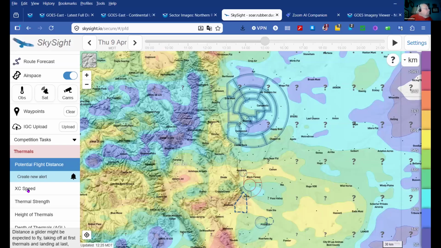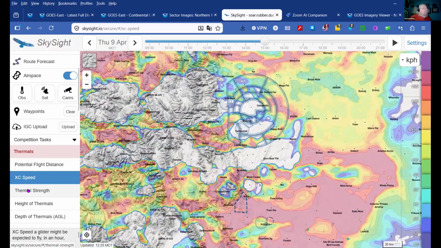The next overview is the cross-country speed. Remember I said this is 3 o'clock, so 1500, this afternoon. There were some active areas down here in the southern part of the state.